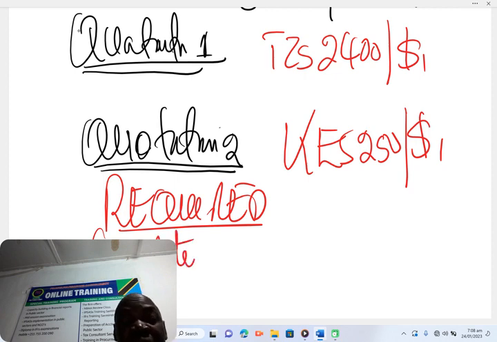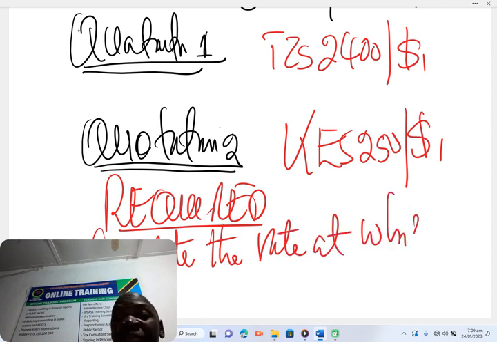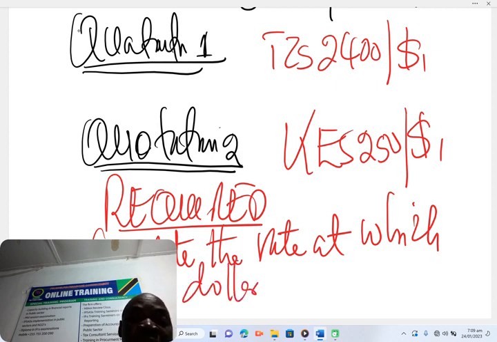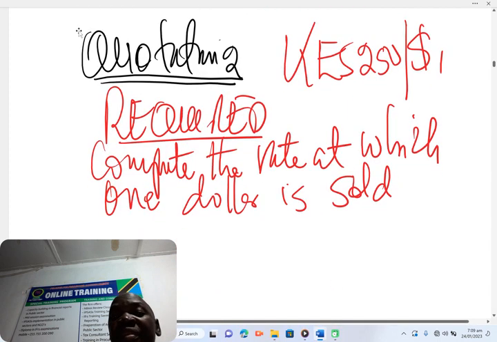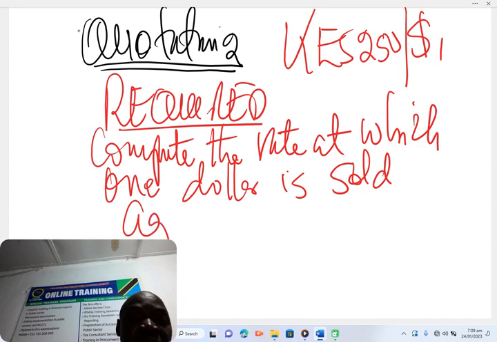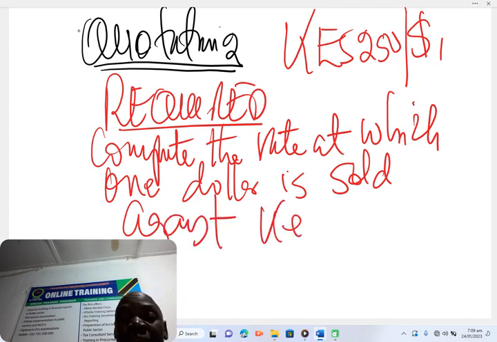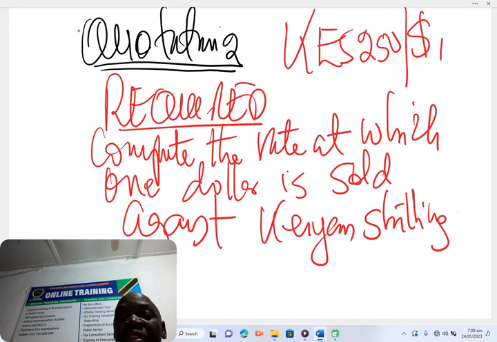Compute the rate at which $1 is sold against Kenyan shillings.